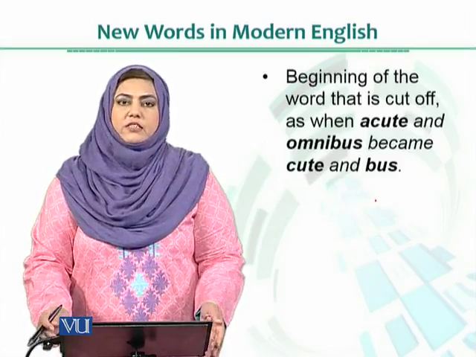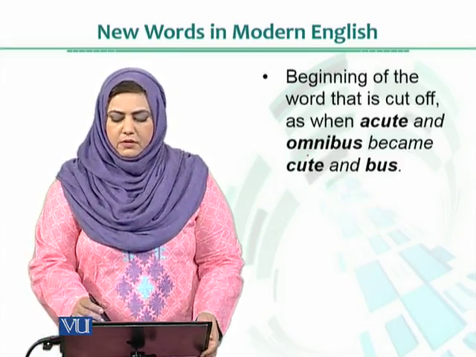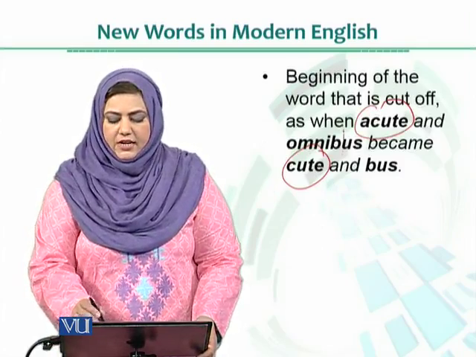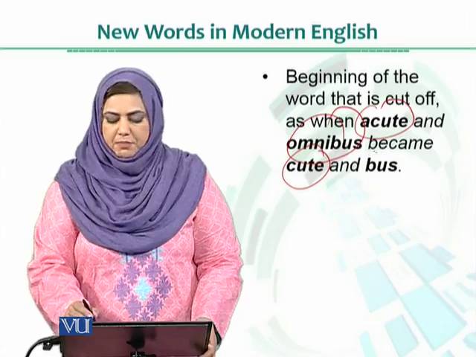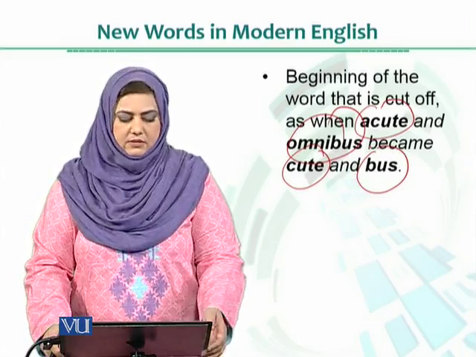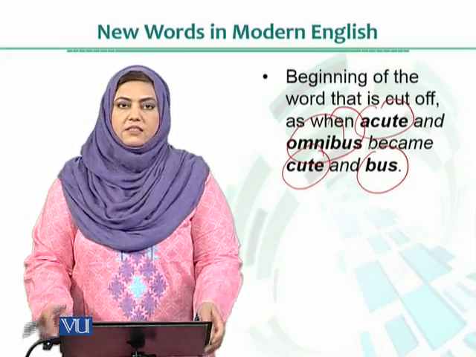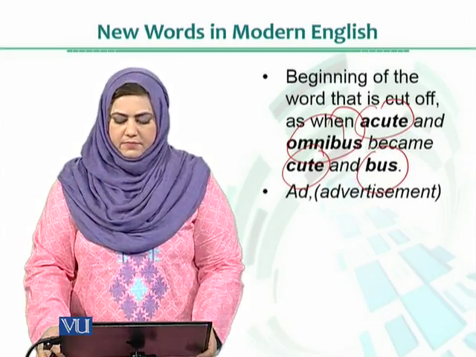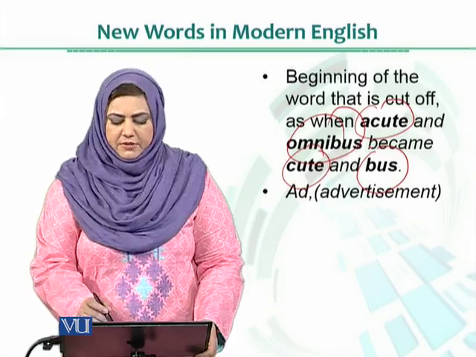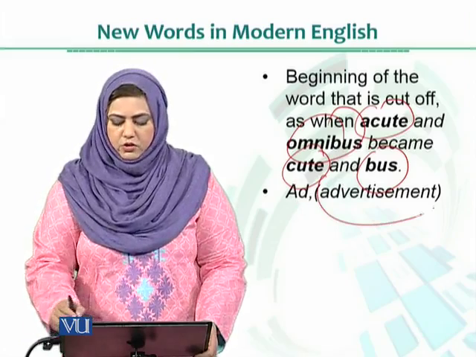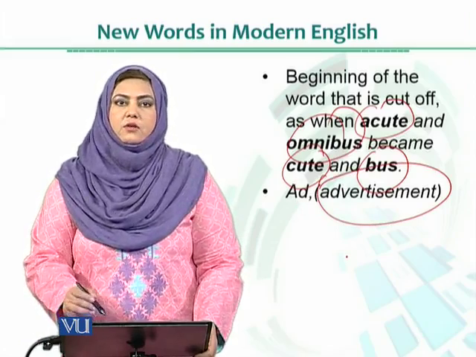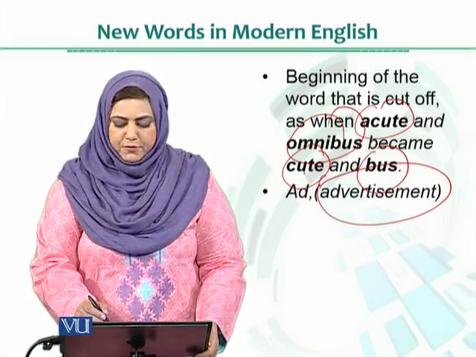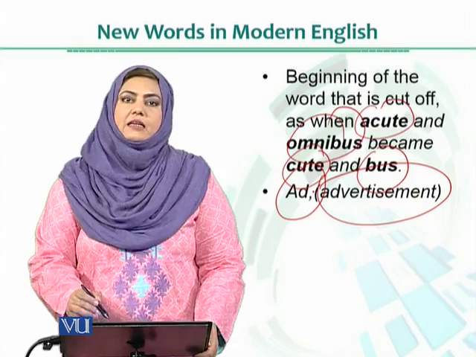The beginning of the word is also sometimes chopped off or cut off. So, for example, acute becomes cute and omnibus becomes bus for us. And we use only this small second half of the word. We are very much familiar with the advertisements that we watch on television and on the billboards around everywhere and in the newspapers. And we frequently use the word ad for them.